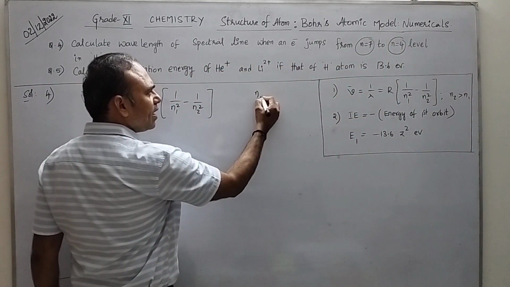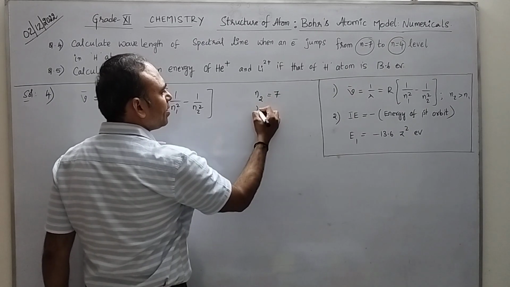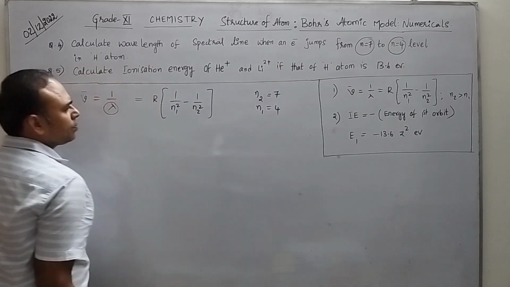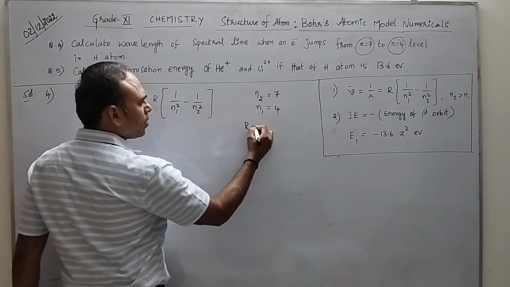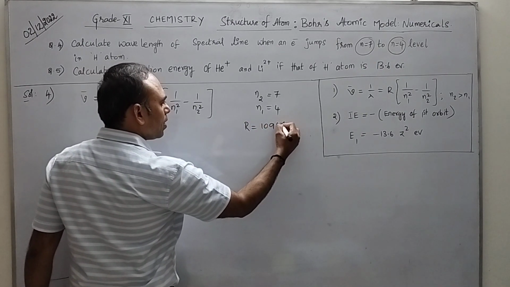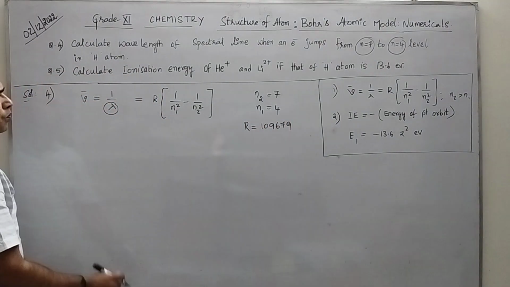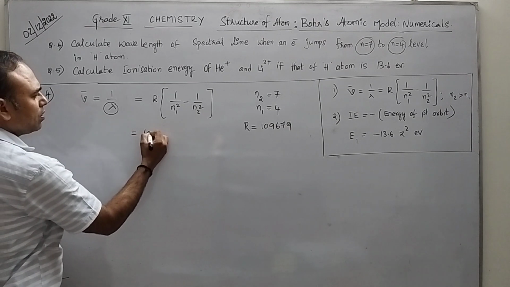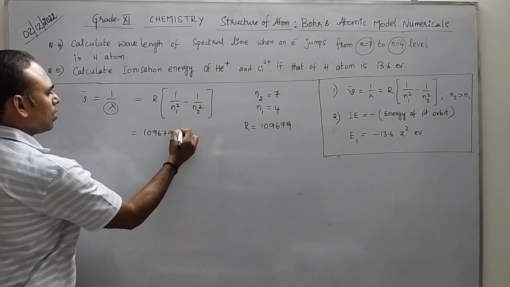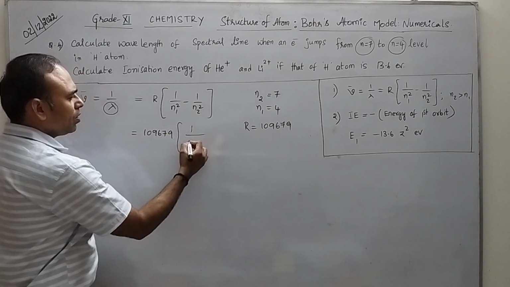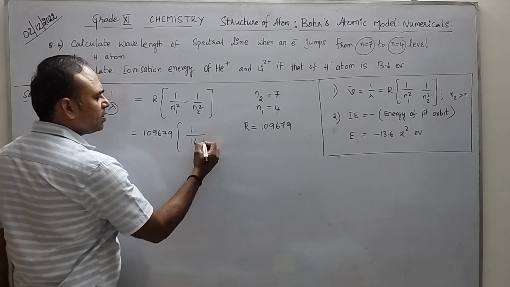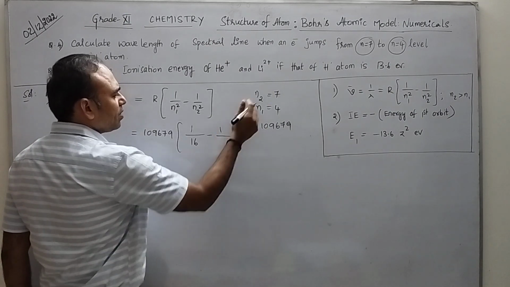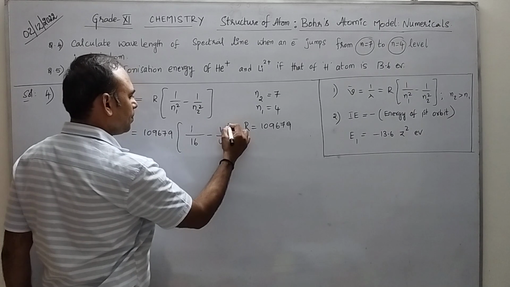So hence we can easily identify n2 is 7, n1 is 4. And the R value is 109,679. So on substituting this, we get 1 by 4 square, nothing but 16, minus 1 by 7 square, 49.